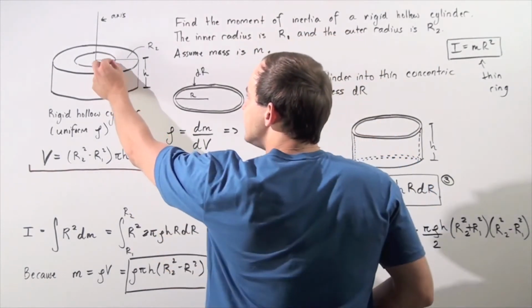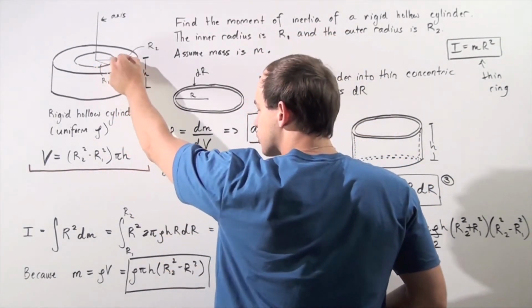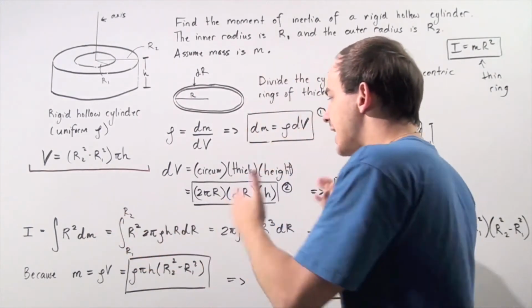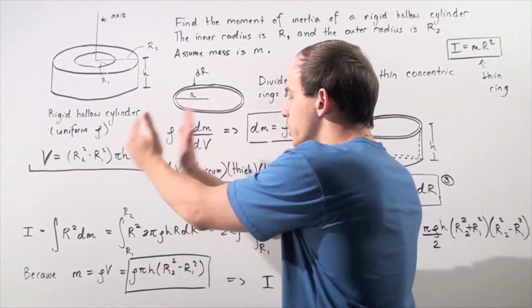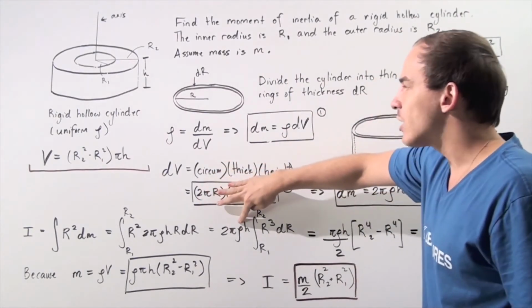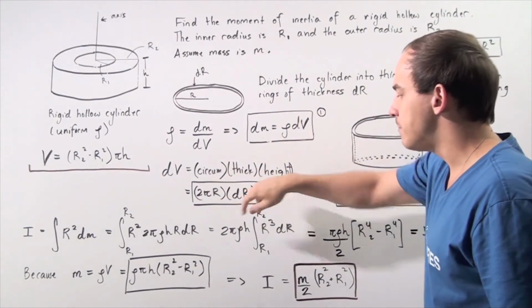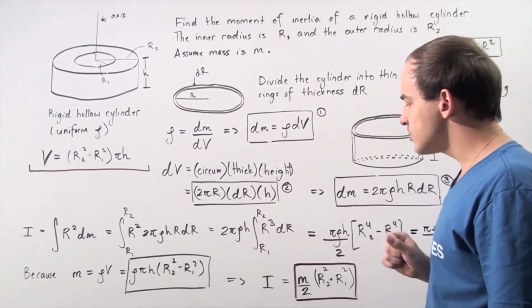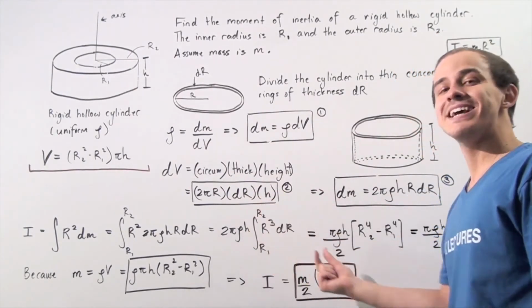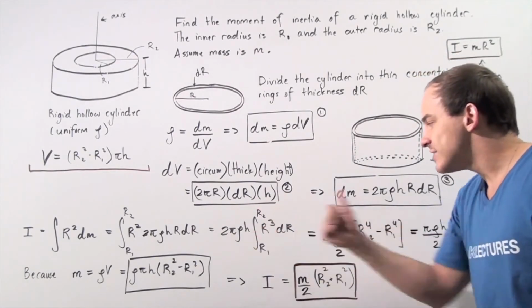So we integrate all of these concentric rings. Let's combine all these values and bring the constants outside of the integral. We get 2 pi, rho the density, multiplied by height, and we take the integral from r1 to r2 of r cubed dr.